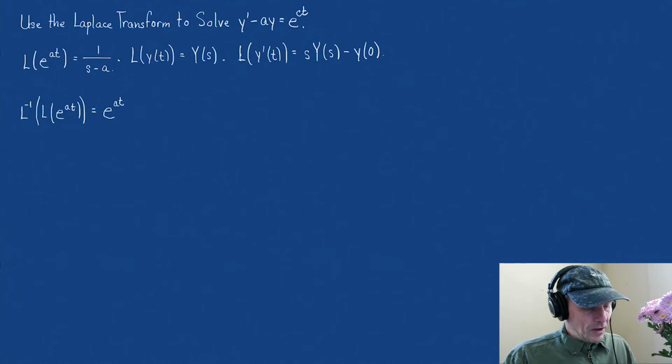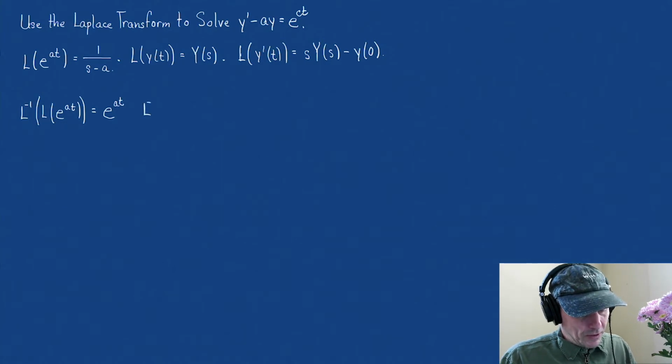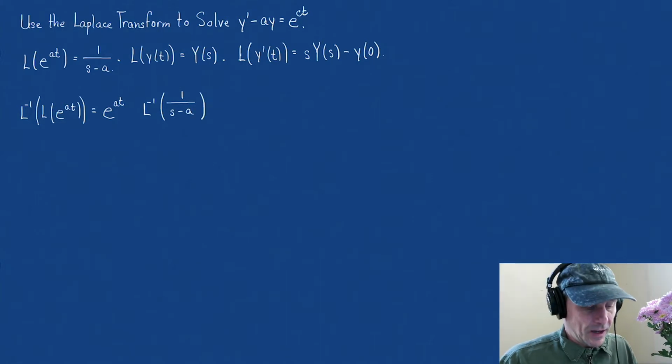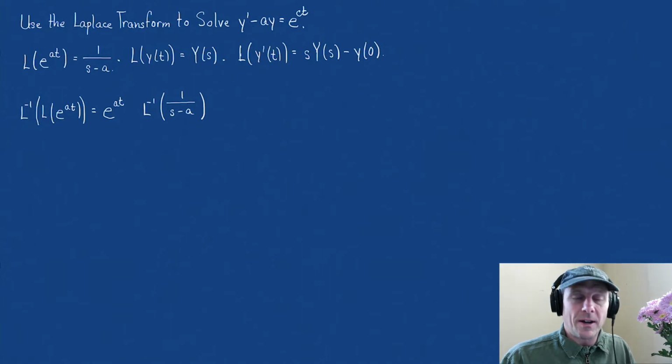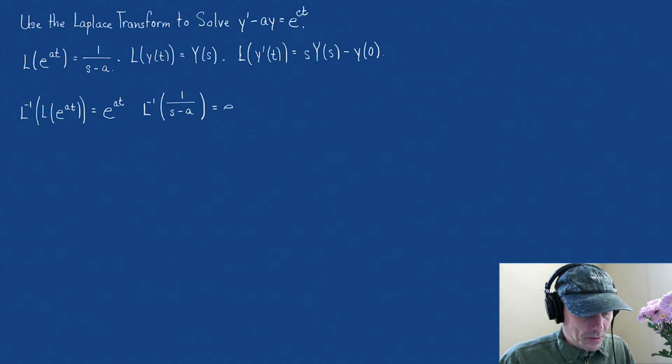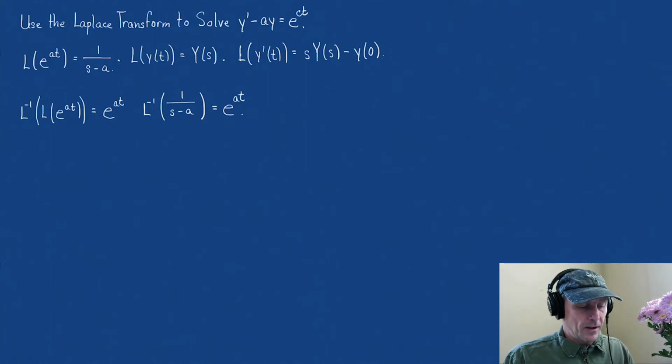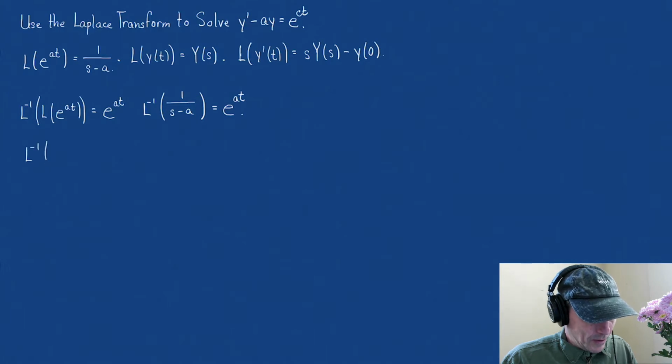Notice this: if I apply the inverse Laplace transform to 1 over s minus a, that's the Laplace transform of e to the at. So the inverse Laplace transform of 1 over s minus a just takes you back to what was originally transformed.